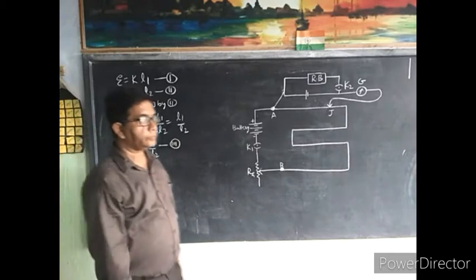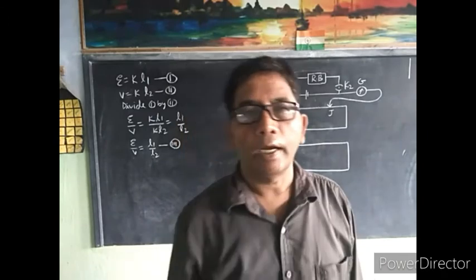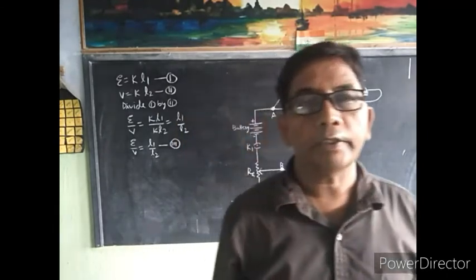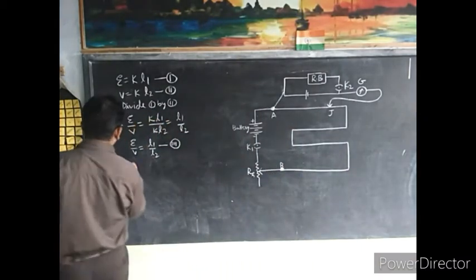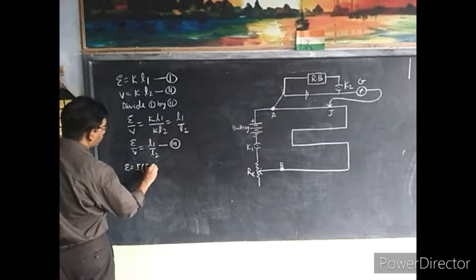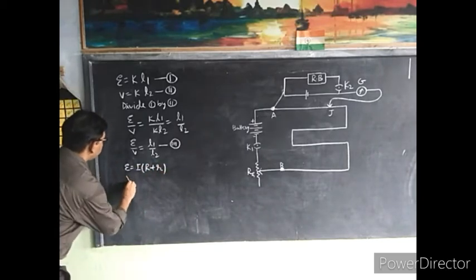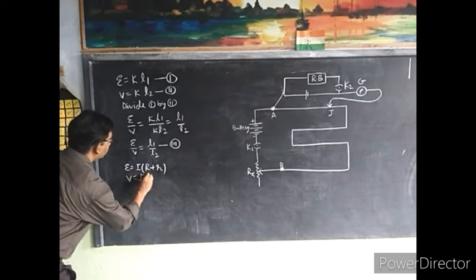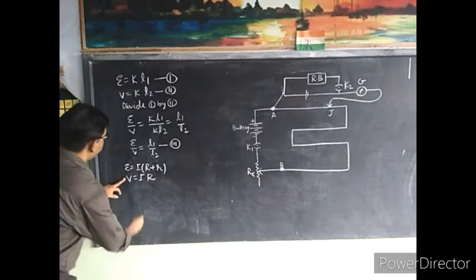Now if small r is the internal resistance of the cell and current I is flowing through it, then E is equal to I(R plus r), and according to Ohm's law V is equal to IR.